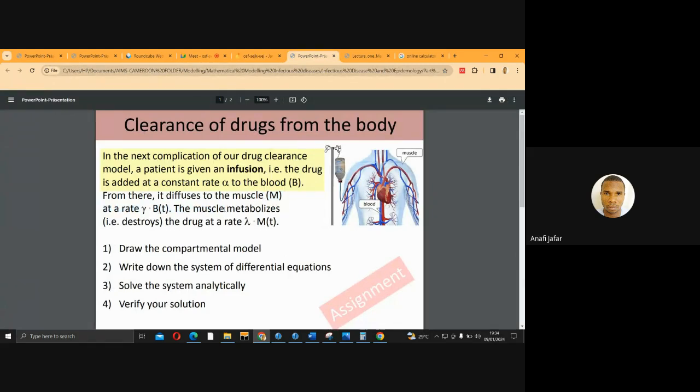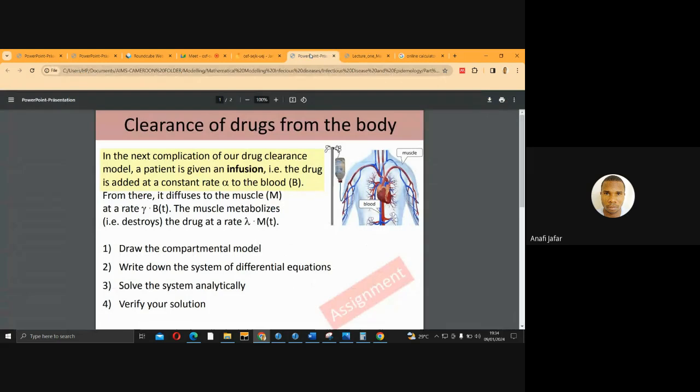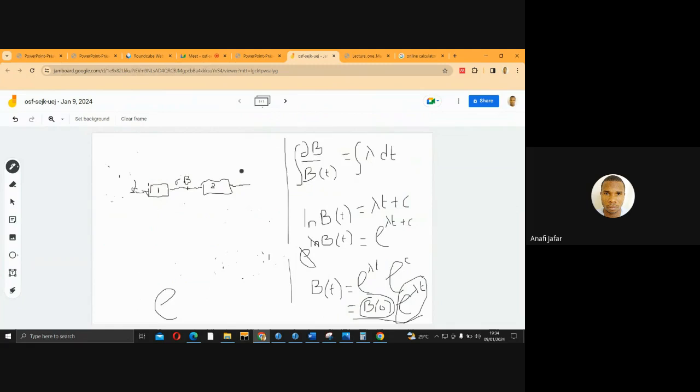It is metabolized, destroyed, at the rate of this one. Destroyed means it goes out, at a rate of lambda M.